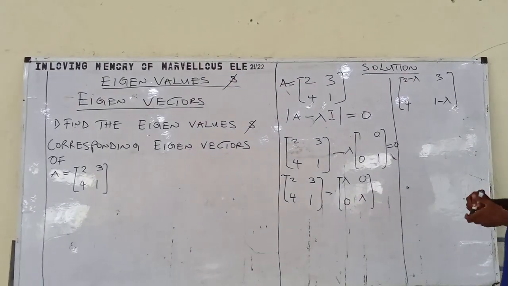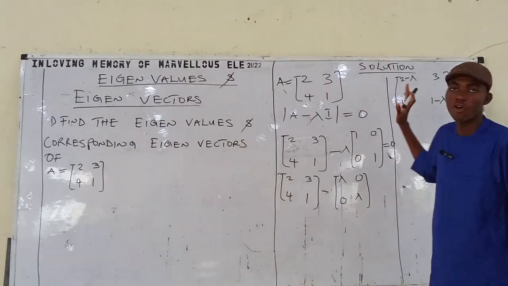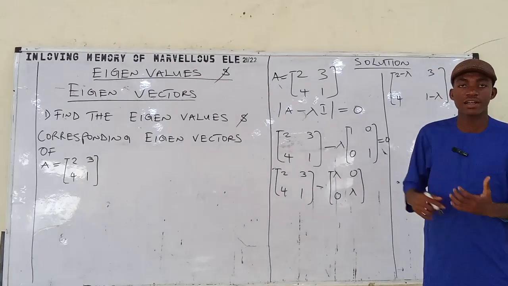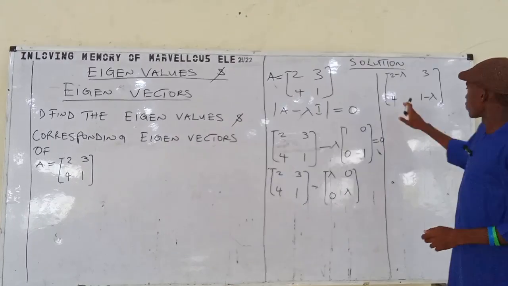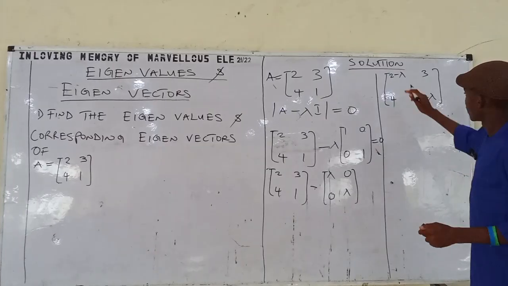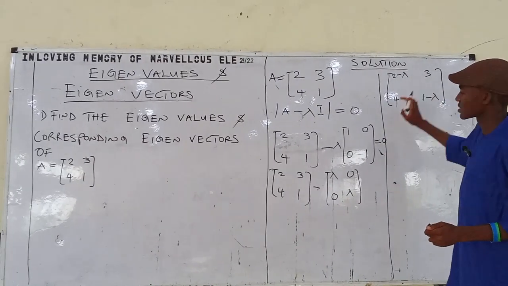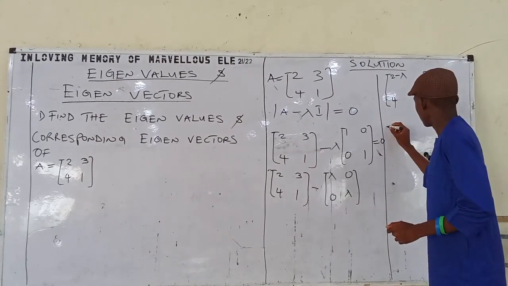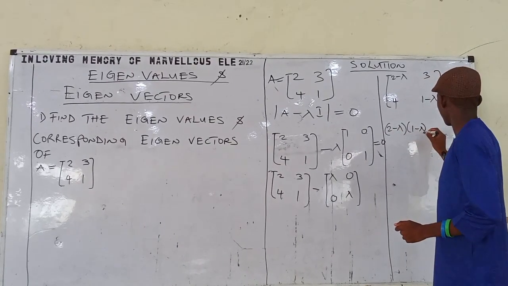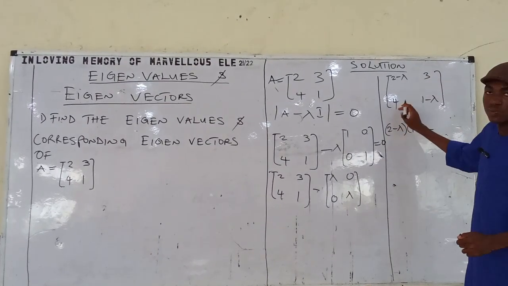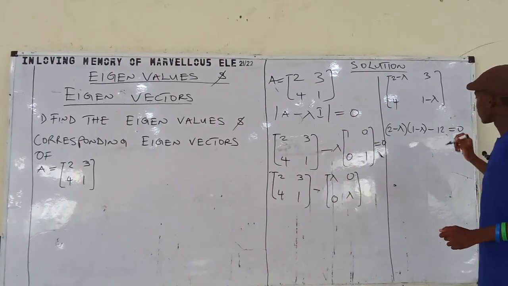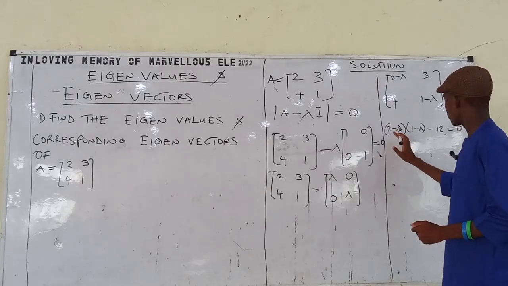To find the determinant of a 2 by 2 matrix, I've done a video on this before under adjoint of a matrix, so I'll drop the link at the end of the video so you can go back and refresh your memory. To find the determinant of this matrix, this times this minus this times this. So 2 minus lambda times 1 minus lambda minus 3 times 4, which is 12, equals 0.